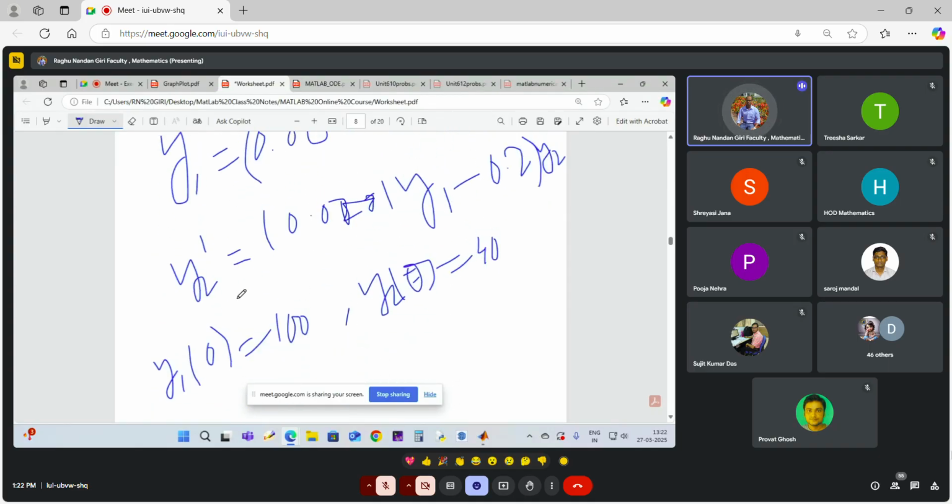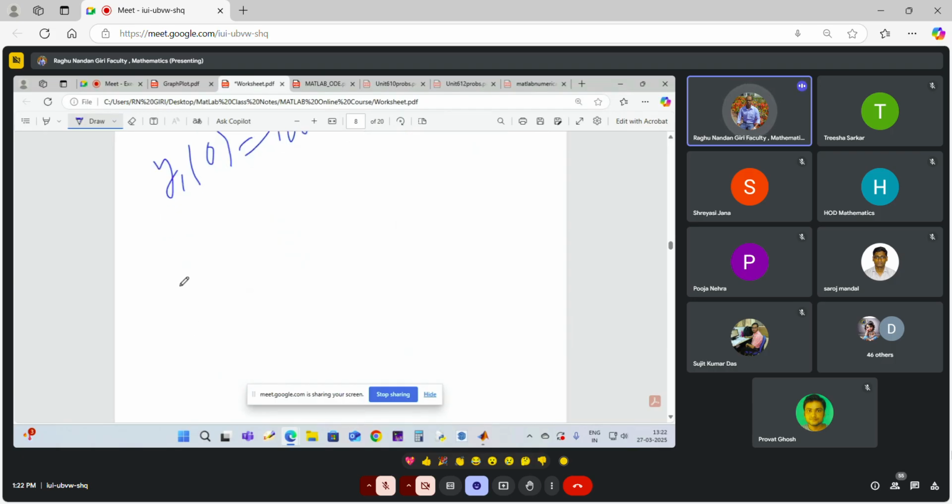This is a simultaneous equation. For that, we write it in matrix form, vector form: capital Y dash equal to capital F of t comma y.